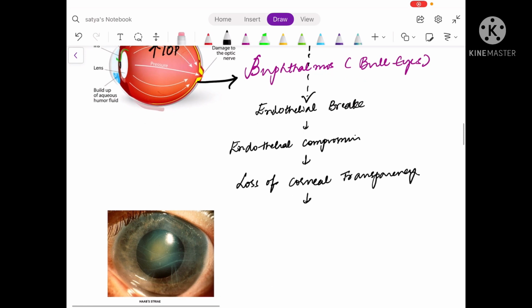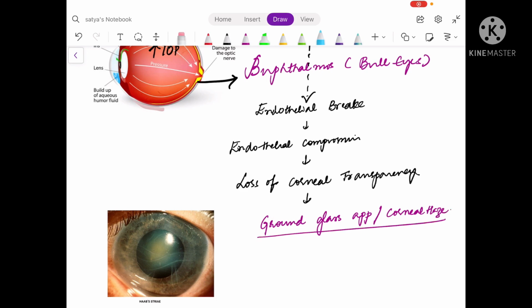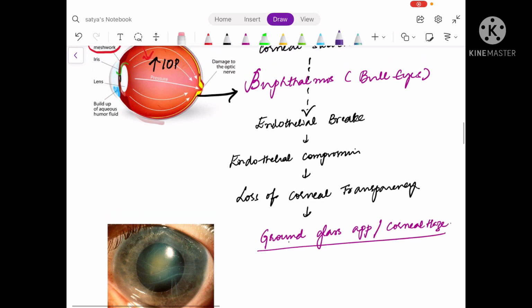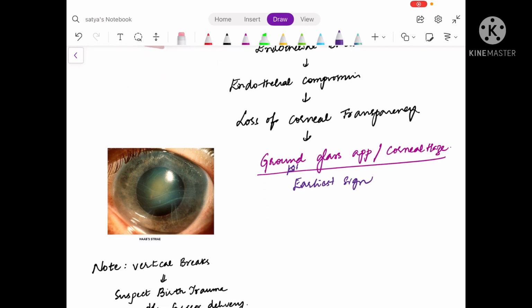And it will give you an appearance of ground glass. So it is known as ground glass appearance, which is nothing but our corneal haze. Remember, this is the first or the earliest sign.